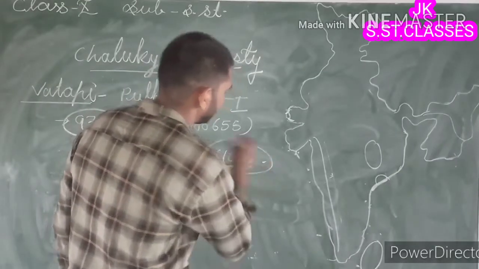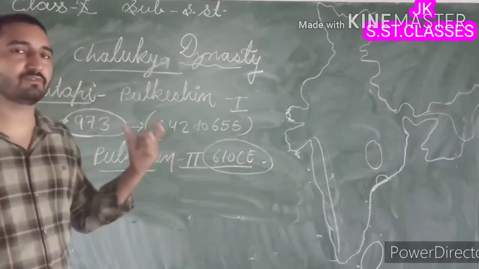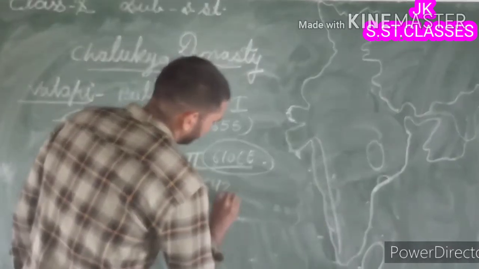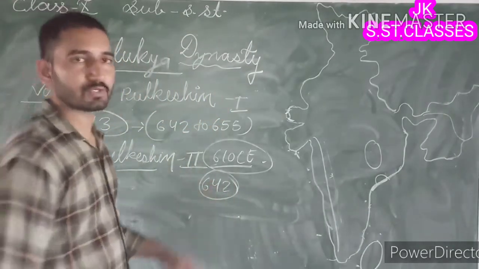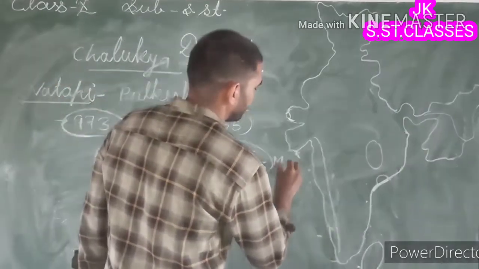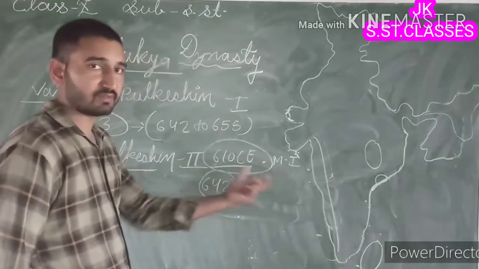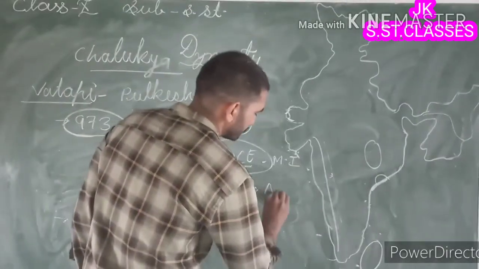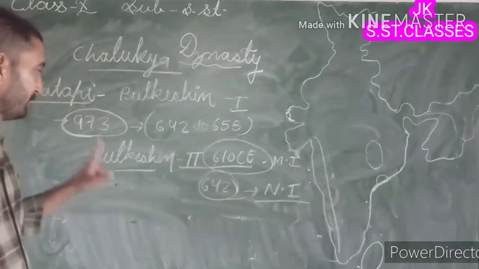But he was later defeated by Narasimhavarman I in 642 Common Era. His son and successor took revenge for this defeat, and he defeated him in 642. Narasimhavarman I occupied the region of Vatapi.